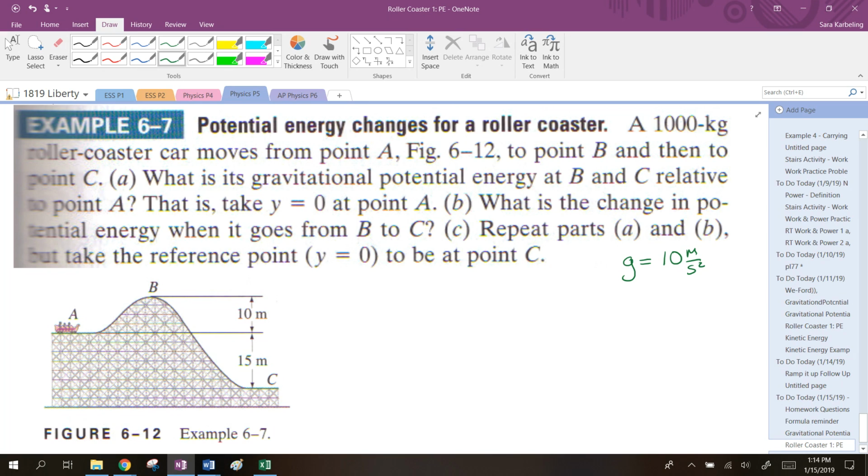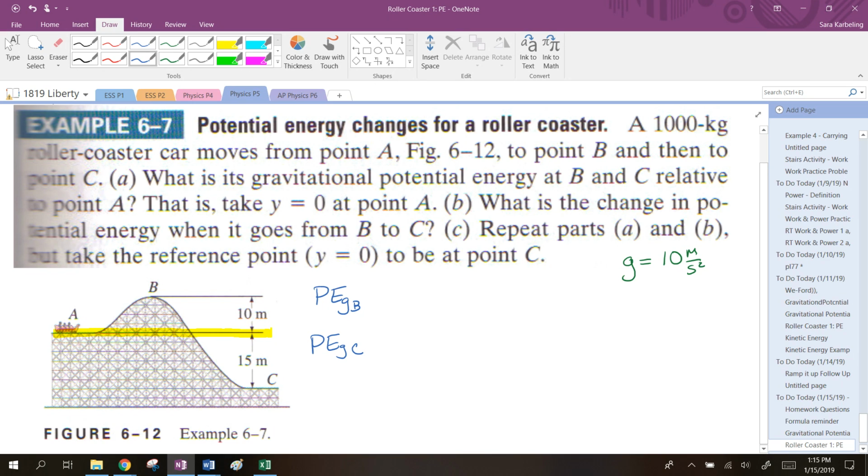In part A, it says, take your h equals 0 to be right there. Would you go ahead and do that, please? So your h equals 0 is at that yellow line. Could you please find the gravitational potential energy at B and the gravitational potential energy at C?